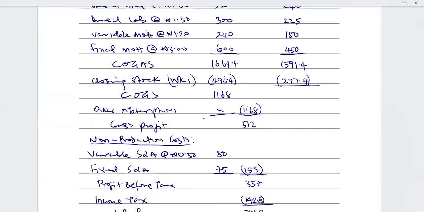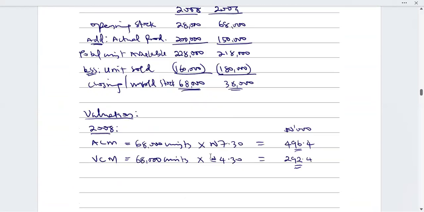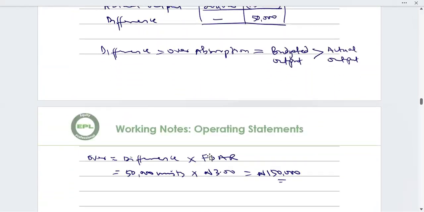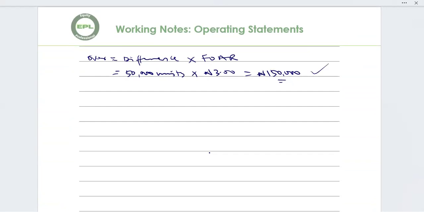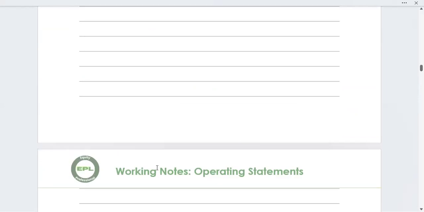So what's the difference? 1314. We need to consider over absorption. Remember in our calculation earlier, we got 150,000 as our over absorption. So we need to add it to the cost of goods sold.